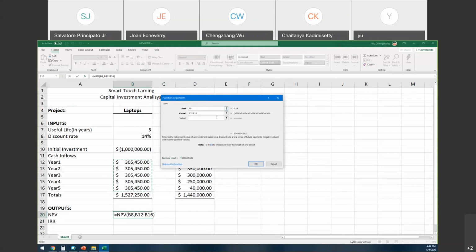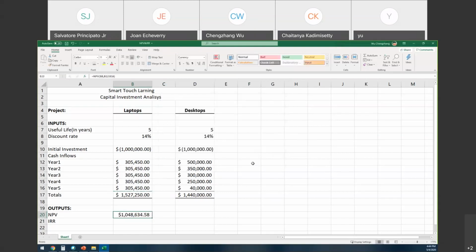And we click OK. Well, this is not how we calculate NPV, because this is just the present value of your investments.